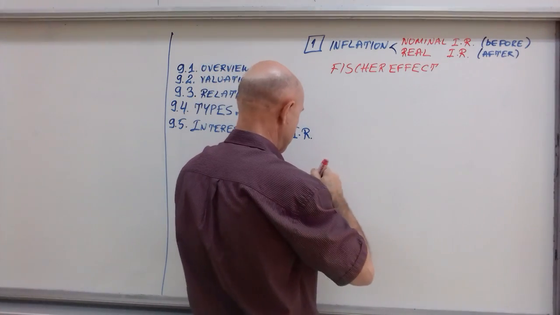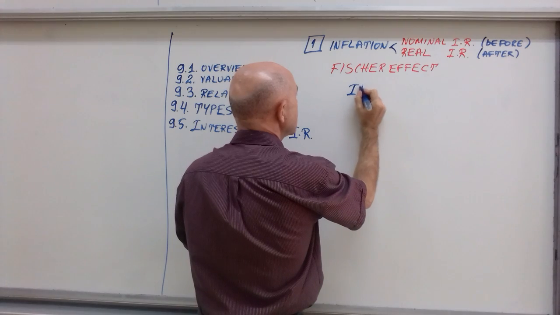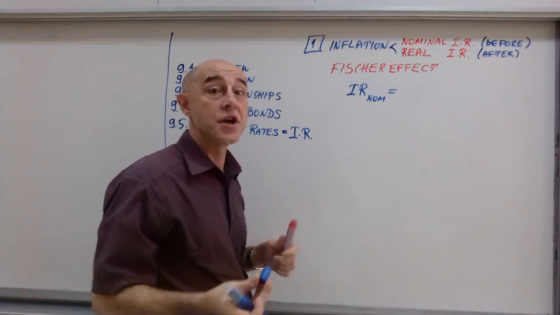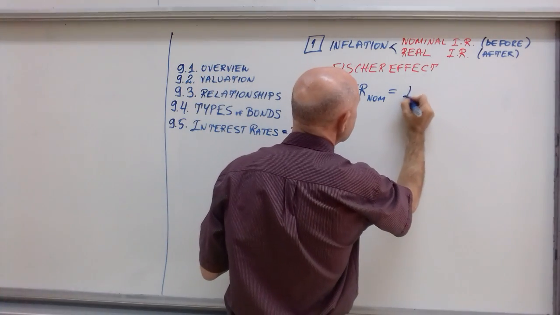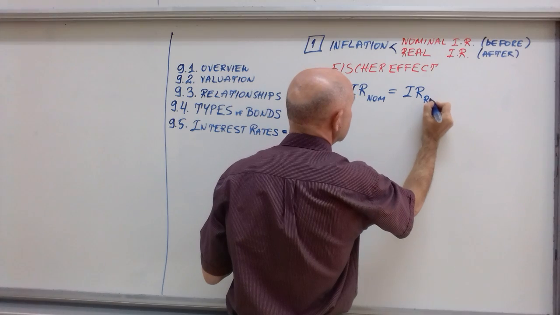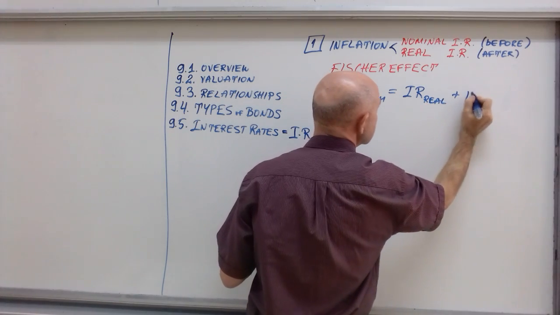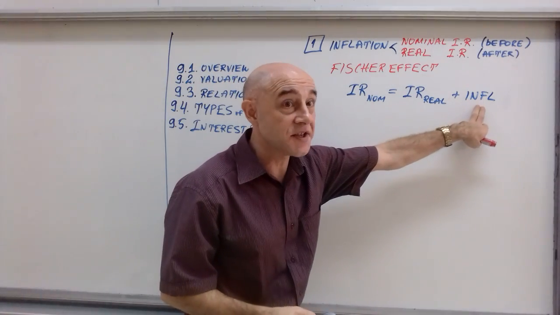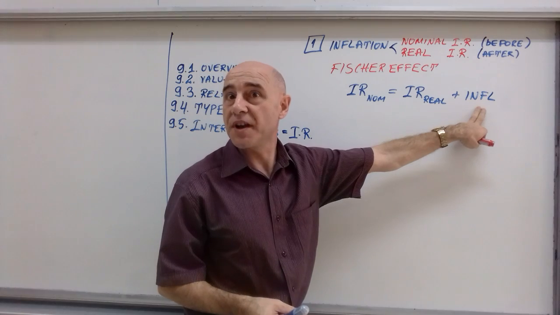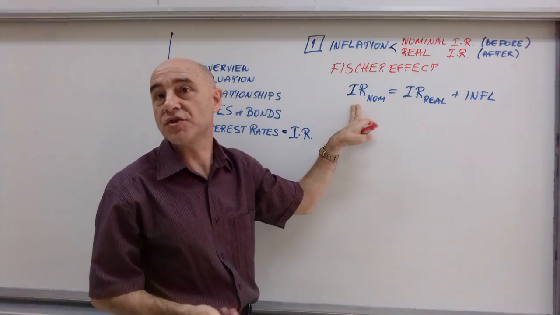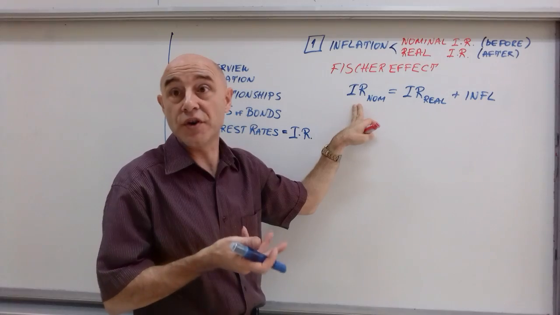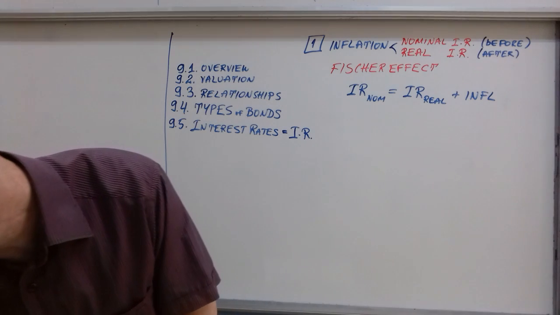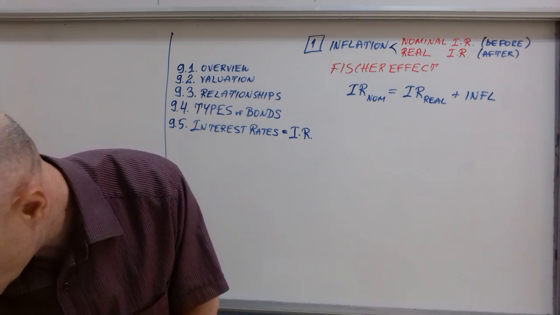So, interest rate nominal equals interest rate real plus inflation. If inflation rises, usually inflation expectation rises, nominal interest rate will rise or increase to reflect the increased inflationary expectations. That's the Fisher effect.